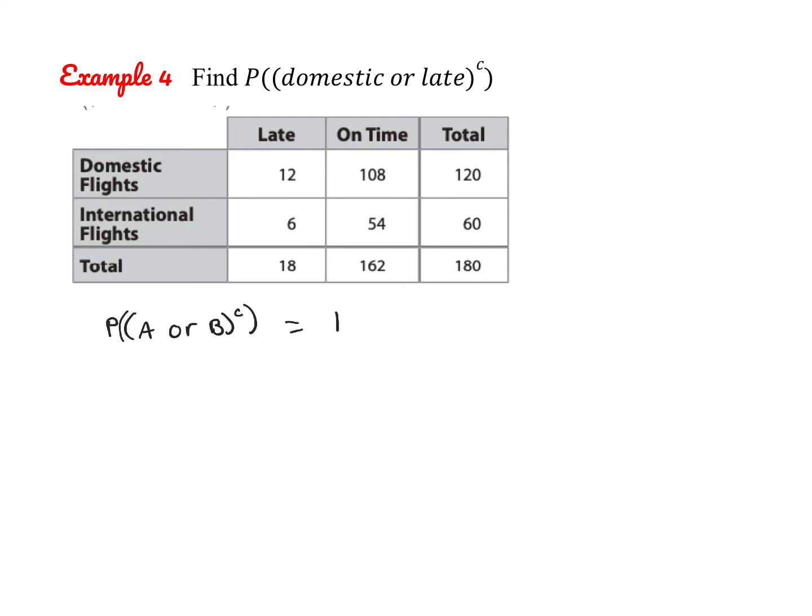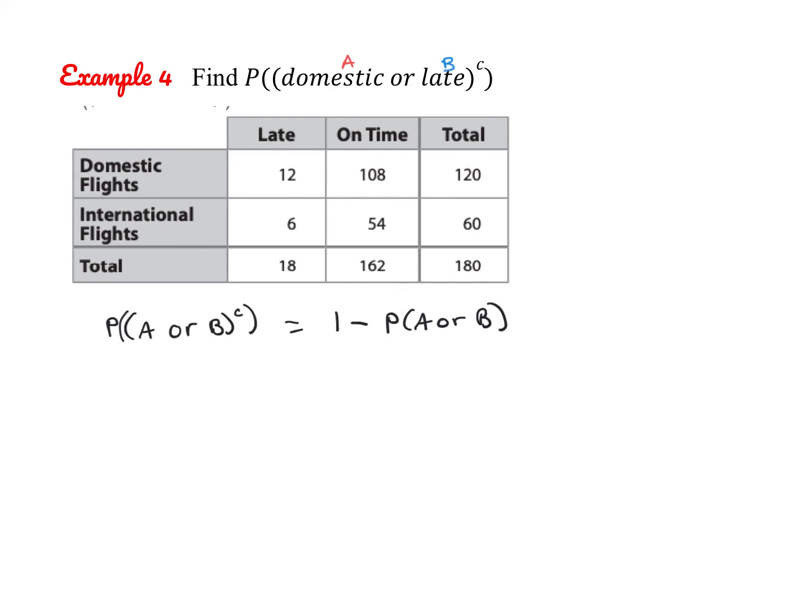Remember, we could do 1 minus the probability of A or B. So if we're finding the probability of it not happening, we can find the probability of it happening and subtract it from 1. And again, we're calling domestic, I'll call that event A, and we'll call late event B.